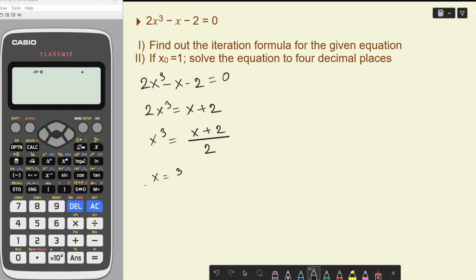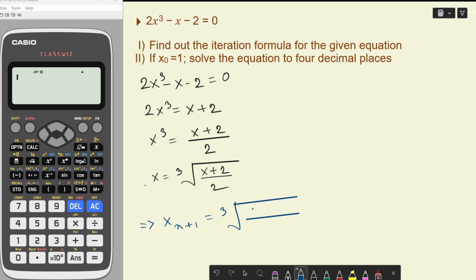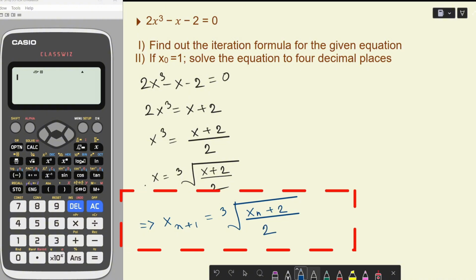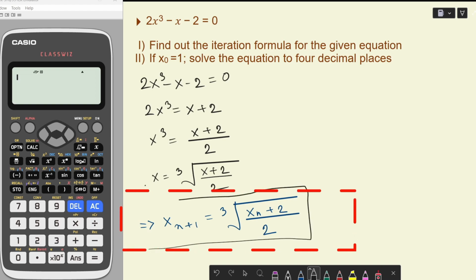Finally, to solve for x, take the cube root of both sides. Then substitute x(n+1) in place of x on the left side, and for any x on the right side, substitute xn. This is the iteration formula for the equation.